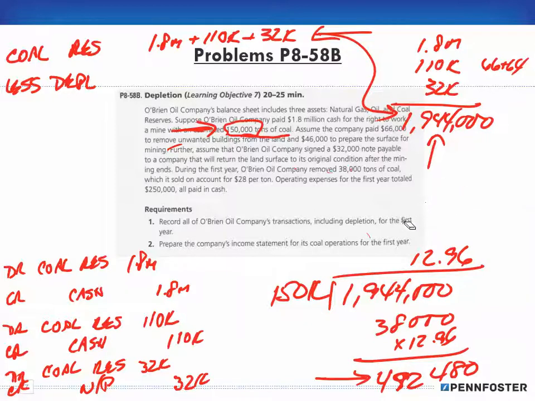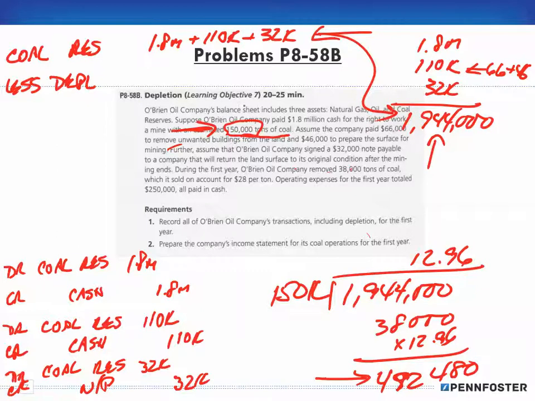Okay, so after all of that bumbling due to my error, the 1.8 million plus the 110,000 plus the 32,000. This is not 66, this is 46 over here. So this was 66 plus 46. It ends up being 1,944,000.